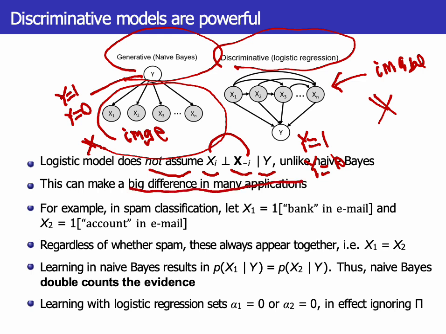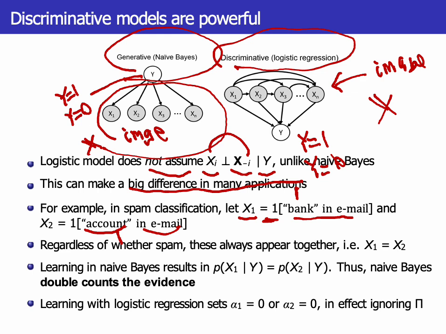For example, in spam classification, let x1 equal 1 for the word blank in the email and x2 equal 1 for the word account in the email.